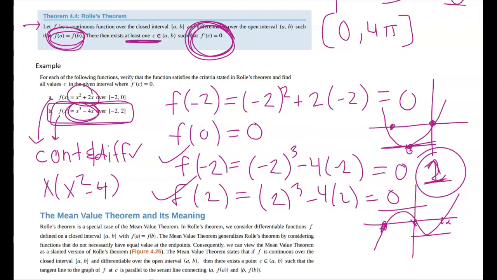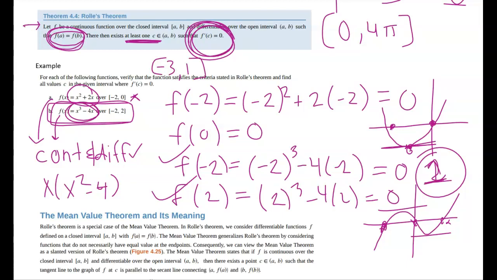Now, on both of these examples from the text, they included the zeros, which is nice, but I don't want us to think that your outputs have to be 0 for there to be a 0. So I want to look back here at A, from negative 3 to 1.